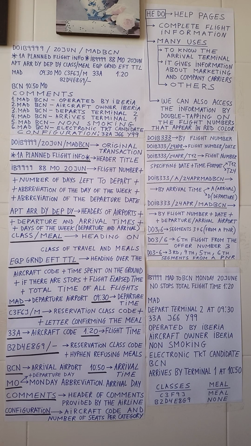MO stands for the English word Monday, which means Monday. The Amadeus system specifies both the day of departure and the day of arrival because on very long journeys, the day of departure and the day of arrival are different.